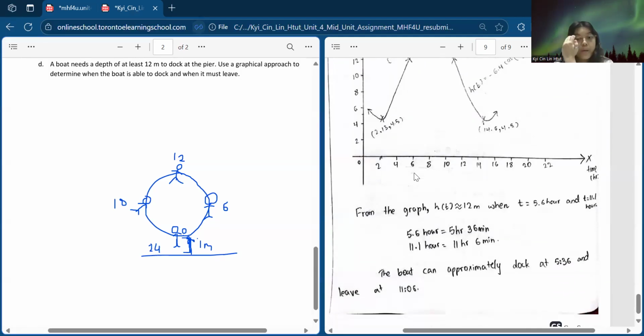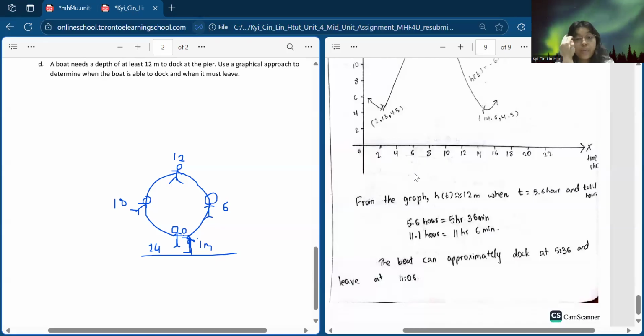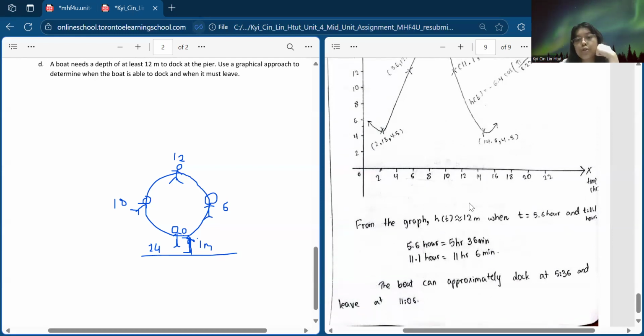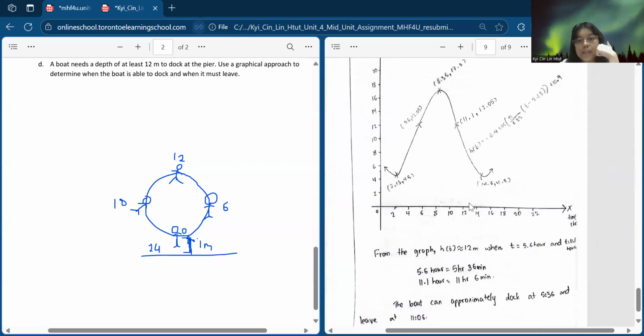So from that, we came to the conclusion that from the graph, h of t is approximately equal to 12 meters when t is equal to 5.6 hours and t equal to 11.1 hours. So I converted them back to hours and minutes.